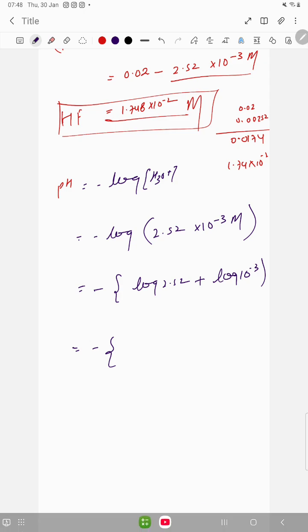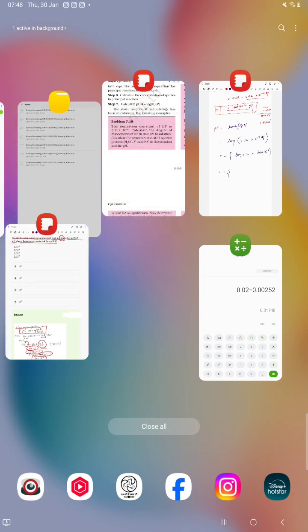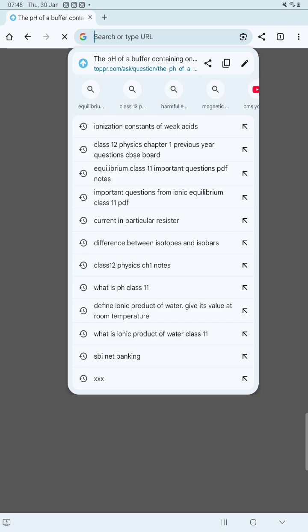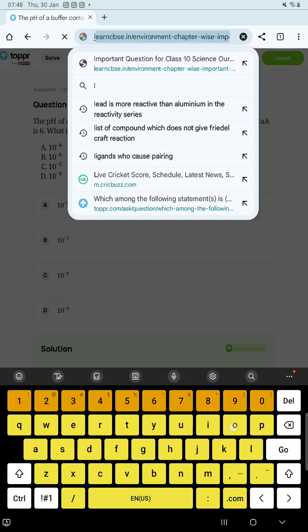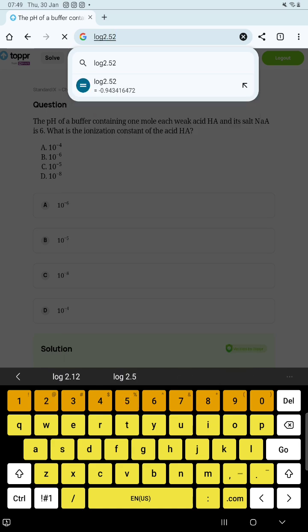Now minus, here is log 2.52. You have to check the value in the log table, student. Log 25 in column 2. So here you see, student, log 2.52. How much is coming, student?